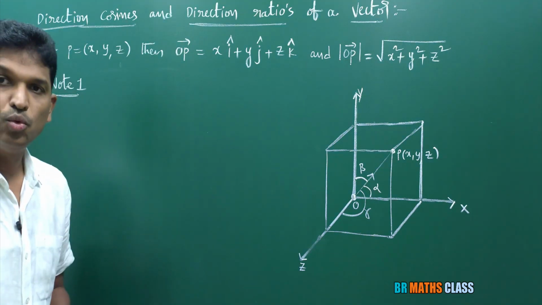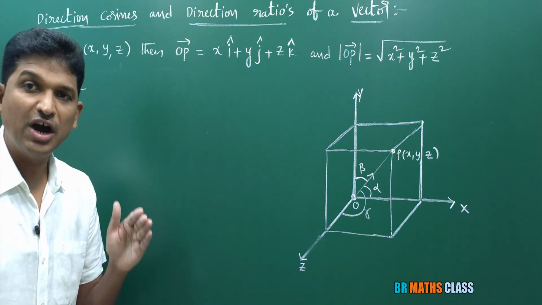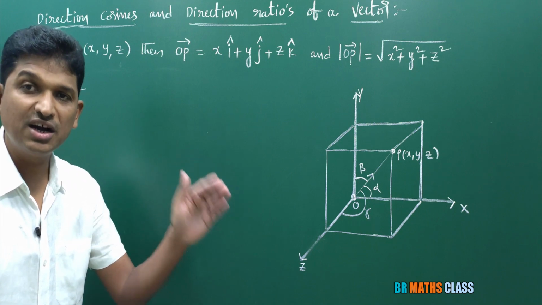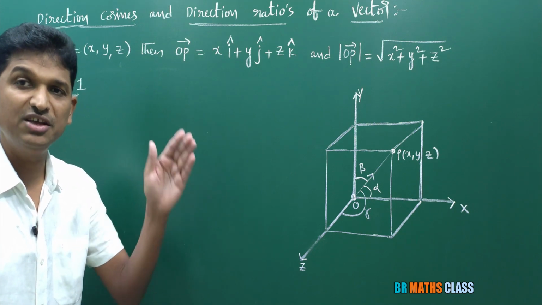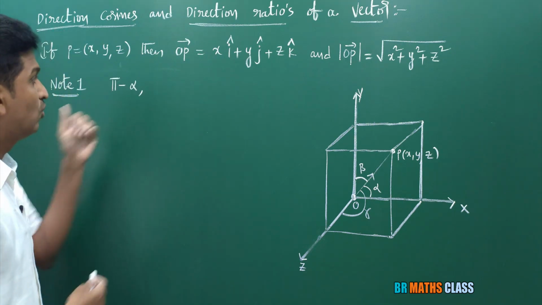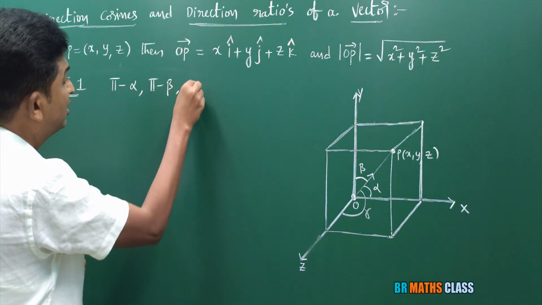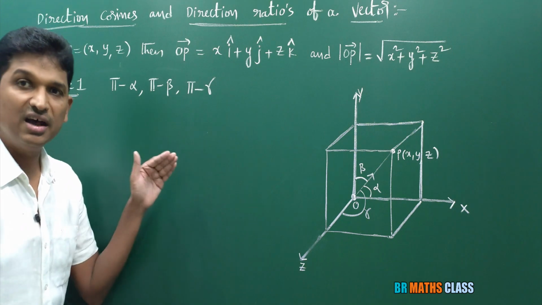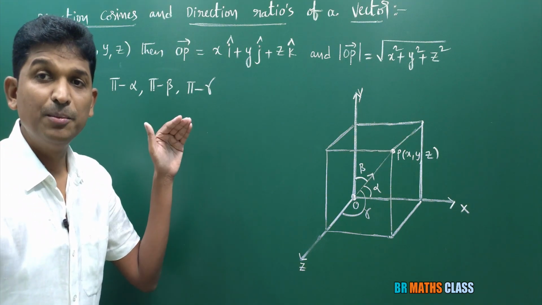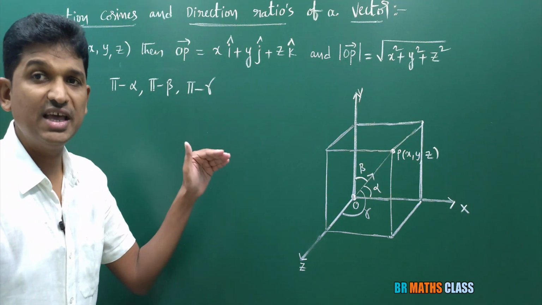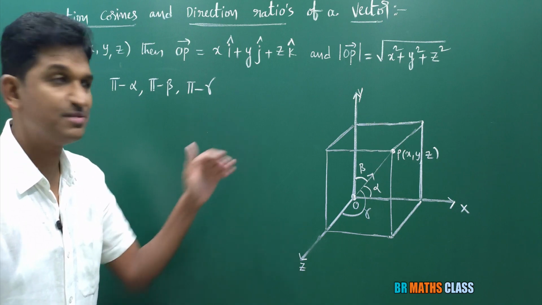So, what is the first note point? If alpha, beta, gamma are the angles made by the vector OP bar, then 180 minus alpha, 180 minus beta, 180 minus gamma are the angles made by PO bar with x-axis, y-axis, z-axis respectively.